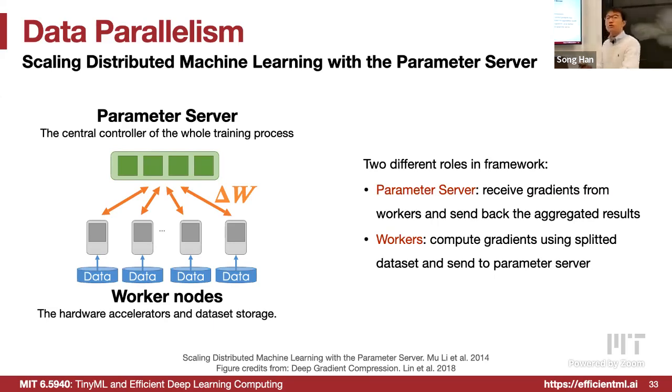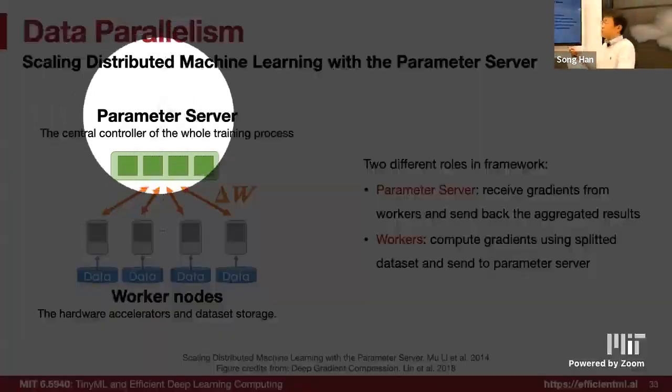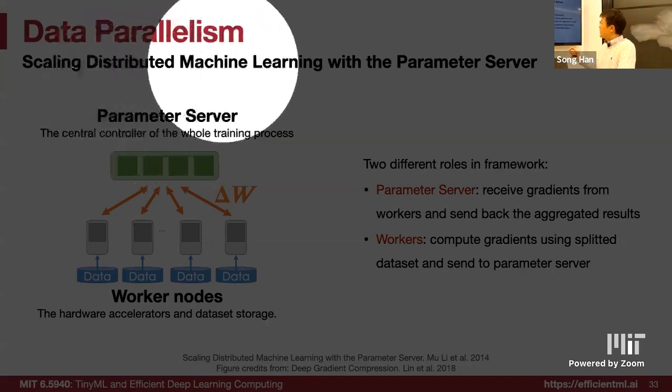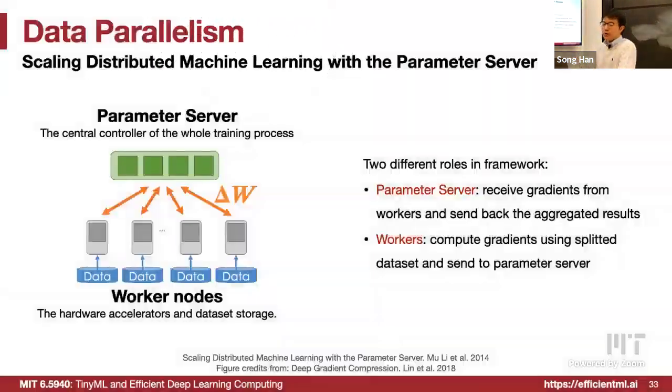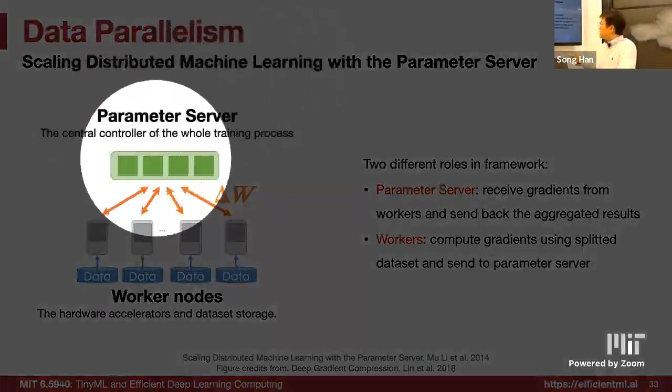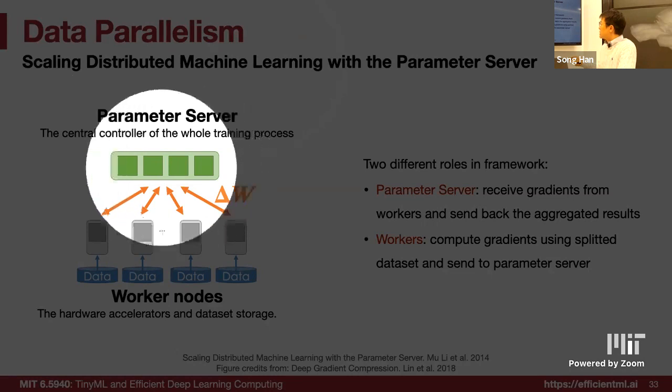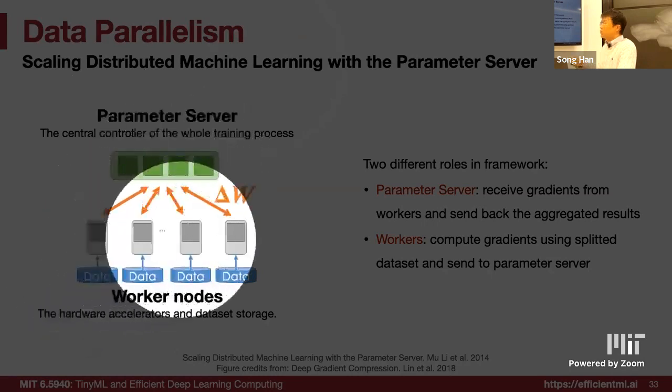So let's first introduce a method using a parameter server. We can scale distributed training with a parameter server. This is a centralized approach, not quite widely used anymore, but let me start by introducing the basics. There is a central controller of the whole training process, and then we have many worker nodes.